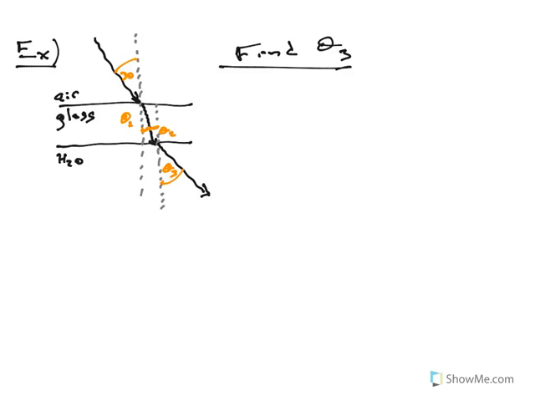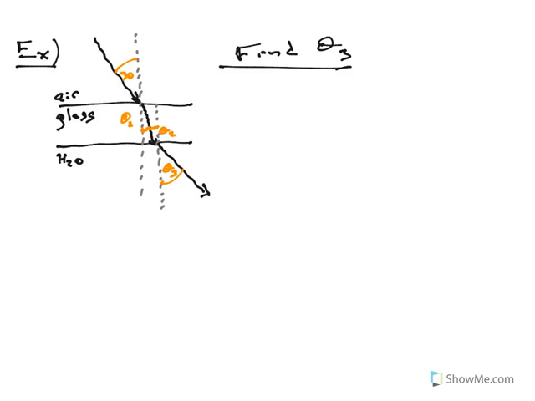Well, hopefully, your intuition tells you, let's just use Snell's Law to do air to glass first and figure out what will be the angle when it gets into the glass. Once I know that, then I'm going to use Snell's Law again a second time, where this time I'm going from glass, I know the angle now, and I'm going into water.